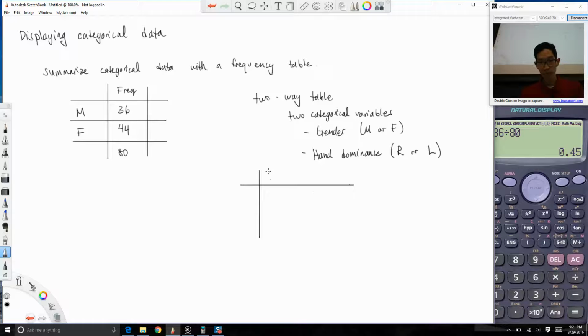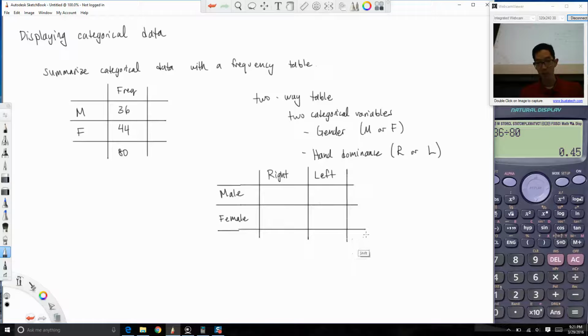Here we will create a two-way table that looks like this. We will have right, left, male, female.